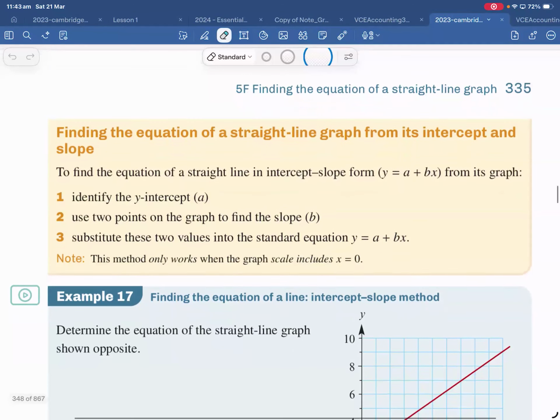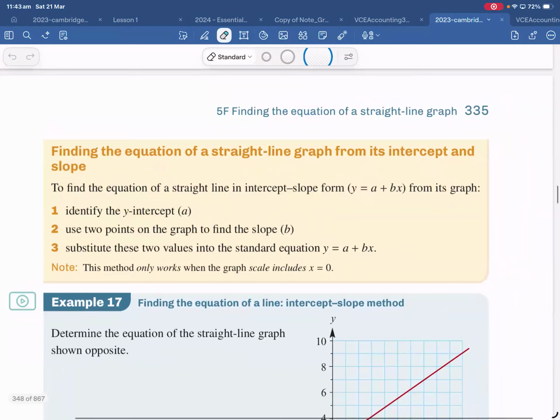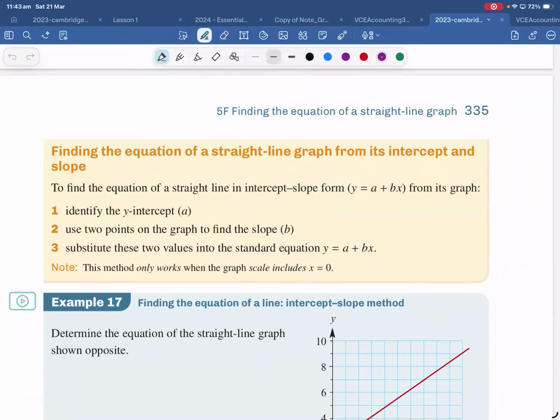So when we are finding the straight line, we know, of course, the format of the straight line: y equals a plus bx. So y is the dependent or the response variable. What is a? Remember, a is the intercept.